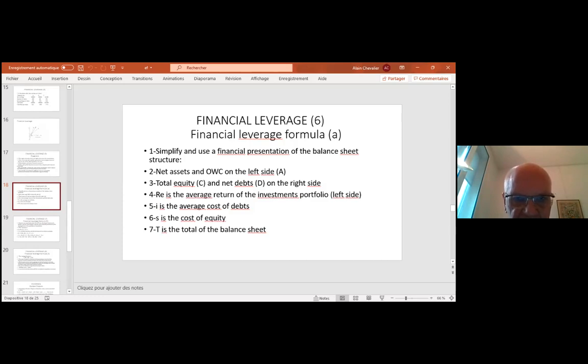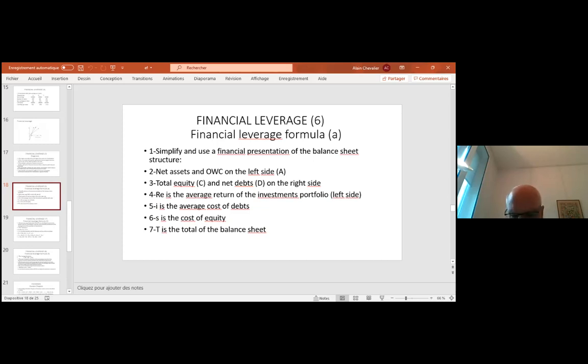So financial leverage formula first is trying to simplify and use a presentation, a financial presentation of balance sheet structure.